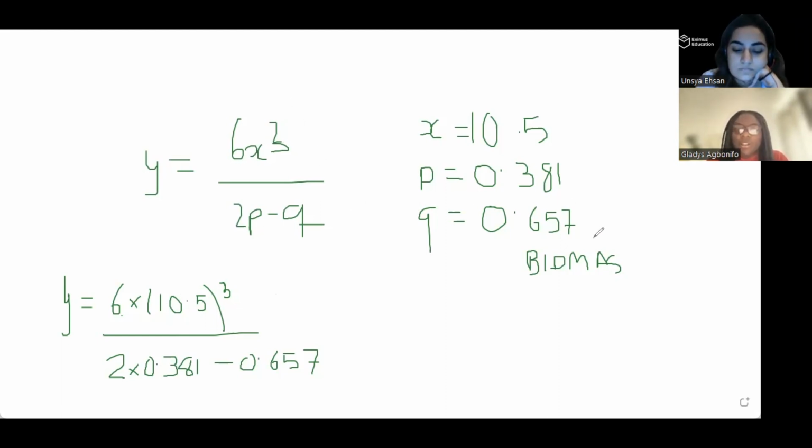So that will be our answer for 10.5 to the power of 3, and we will times that by 6, which will give us 6945.75. So the top part of our answer would be 6945.75.